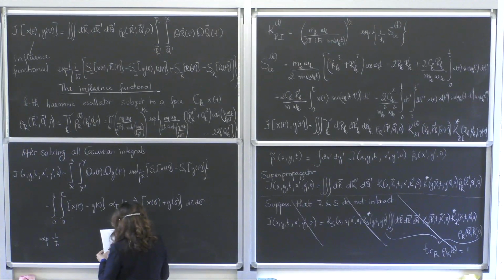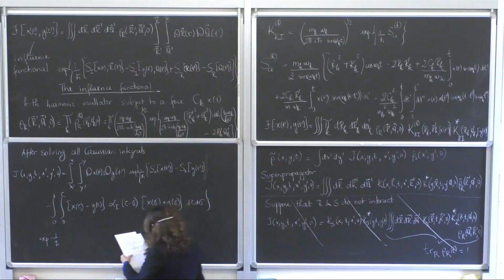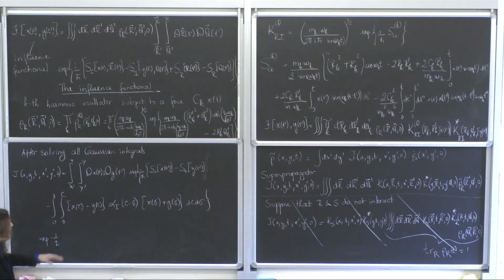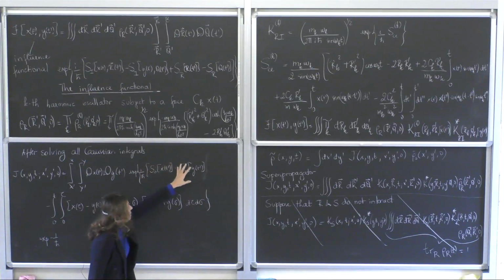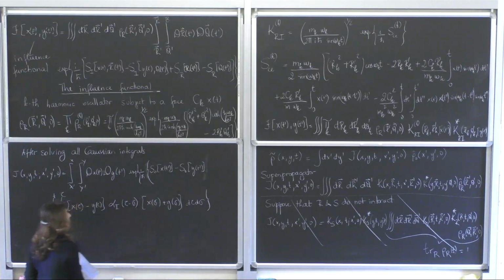No, wait a minute, I think I closed it too early. This one I don't close here. This is inside, still the exponential of i over h bar. I have i over h bar S0. We do it like this: i over h bar multiplying everything.